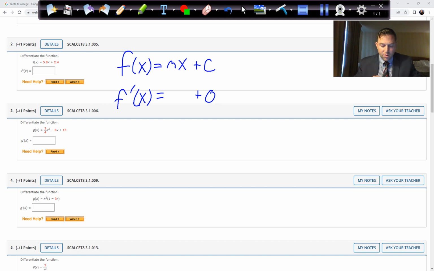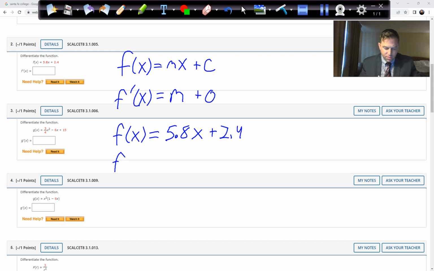And it turns out that the derivative of a number times x is just the number. So that's our second rule. Any number in front of x, the derivative of that is just that number. So if I have the function equal to 5.8x plus 2.4, the derivative of this is just 5.8, the number in front of x, plus 0. So the answer would be 5.8.